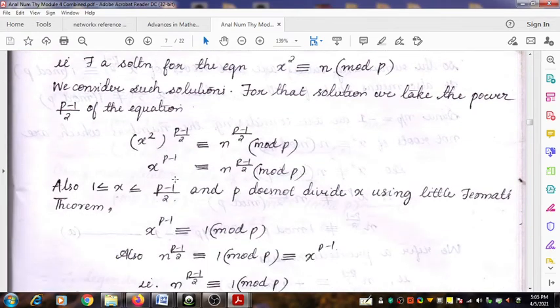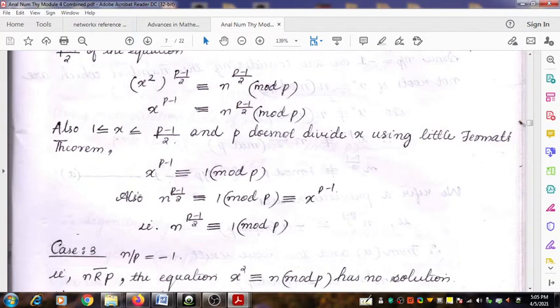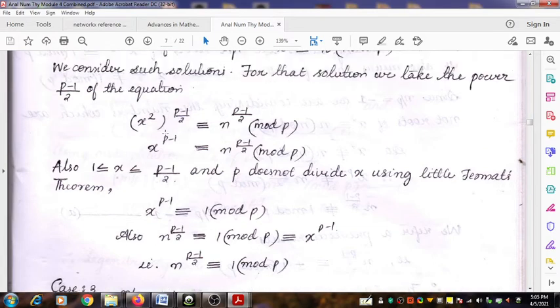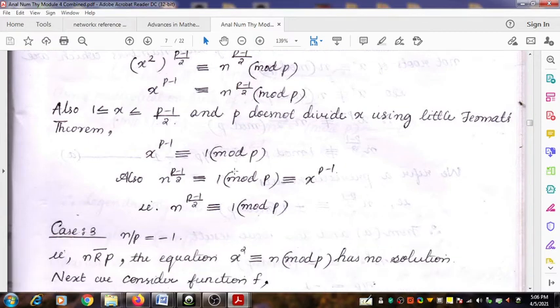So thus, since we get that x raised to p minus 1 is congruent to 1 mod p, now you can replace, since we already have x raised to p minus 1 is congruent to n raised to p minus 1 by 2 mod p, and we now again have x raised to p minus 1 is congruent to 1 mod p.